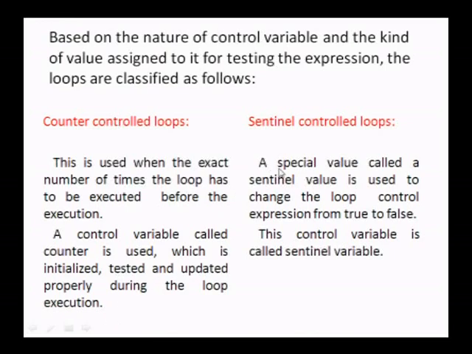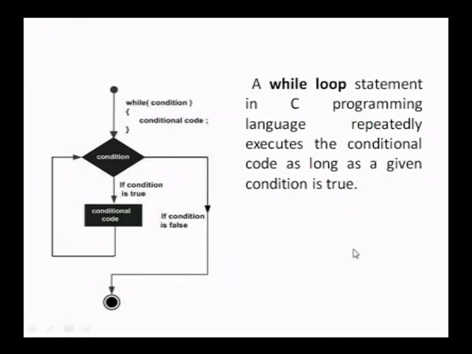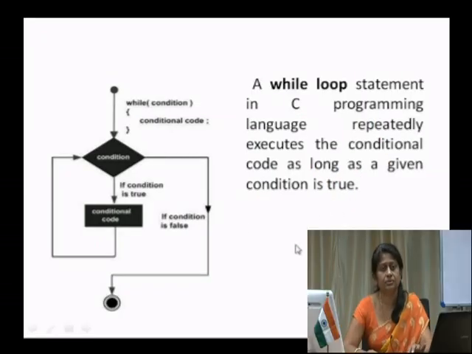And in case of the sentinel controlled loop, a special value called a sentinel value is used to change the loop control expression from true to false. So, this control variable we call it as a sentinel variable. Now, we will look into the details of the counter controlled and sentinel later.